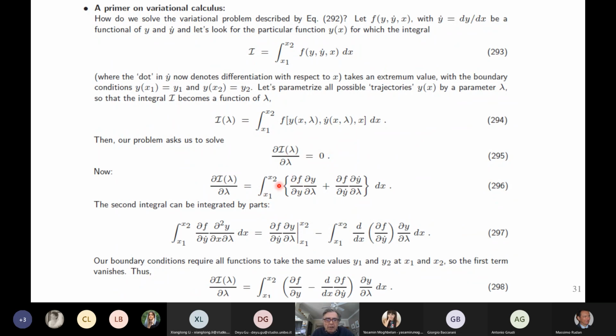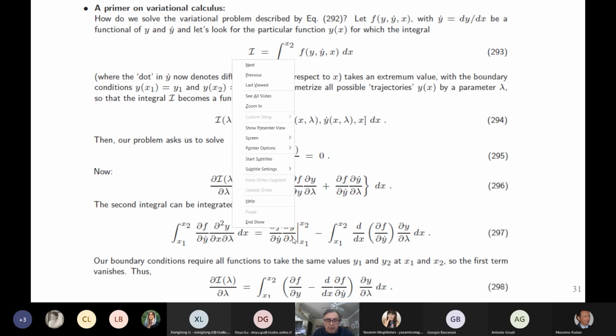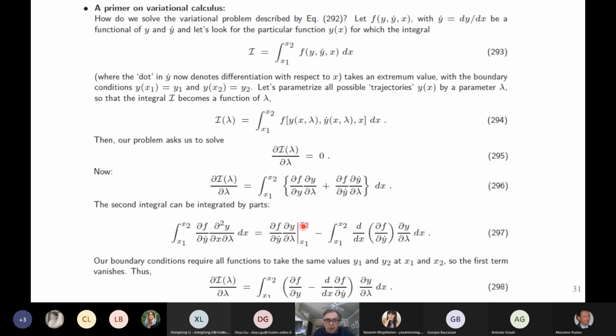If I do that, I can use the chain rule to express the derivative with respect to y and y dot. I integrate by parts this second term over here. Integrating by parts, I notice that the derivative of my unknown function y as a function of lambda has to vanish at x1 and x2, at the extreme points, because I ask for the trajectory to have fixed endpoints.